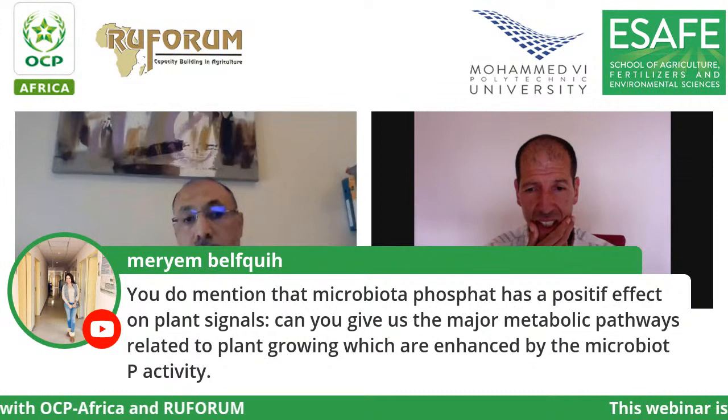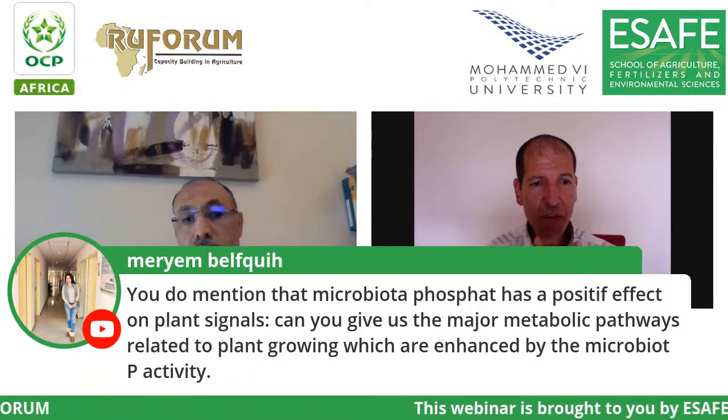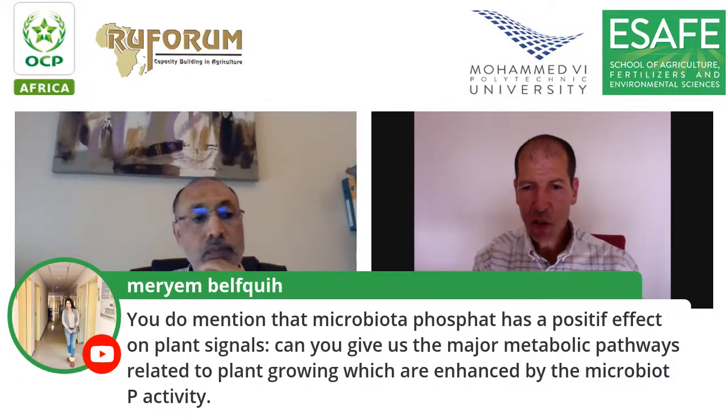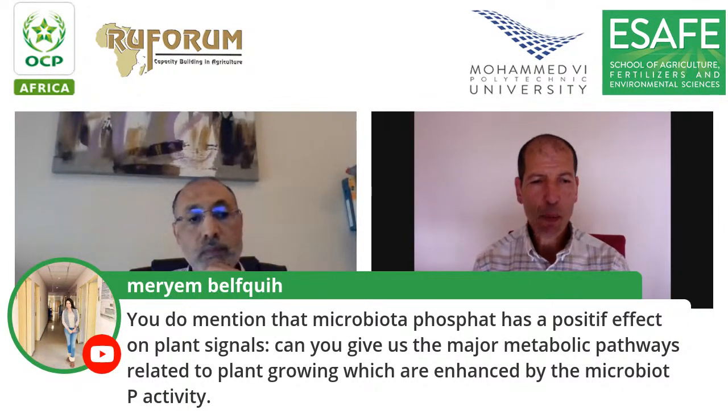So I think yes, mycorrhizal fungi are very efficient in solubilizing and uptaking phosphate, providing it to the plant, and it enters the major primary metabolic pathways of plant cells.